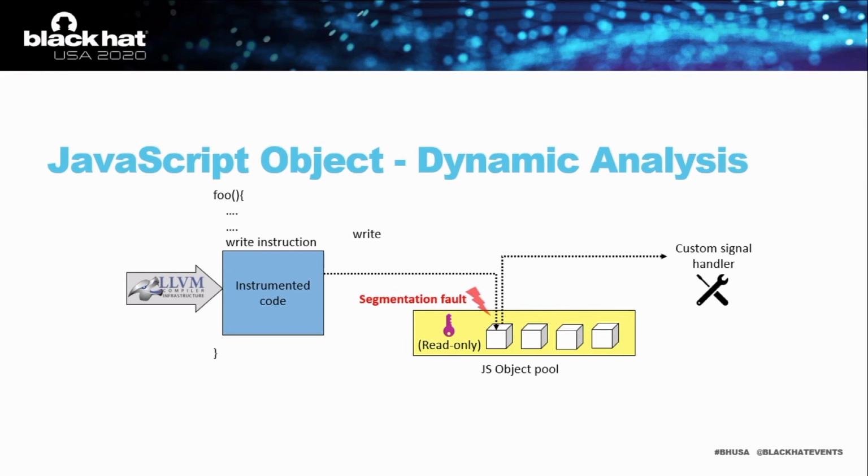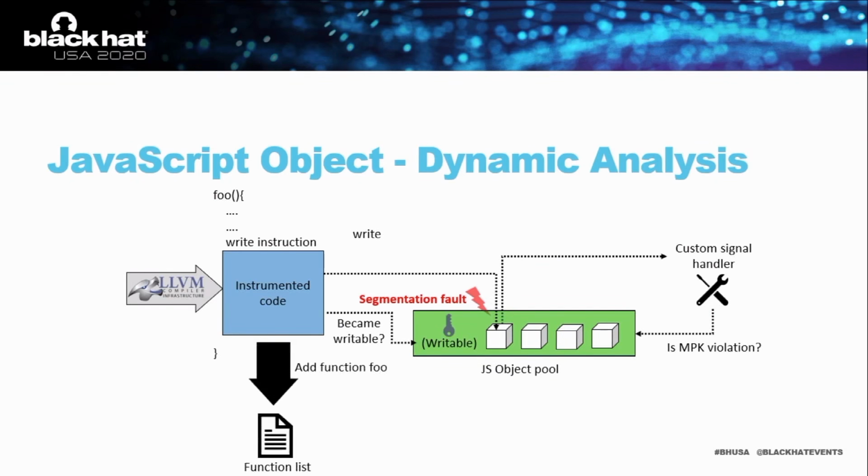Then our custom signal handler checks whether it's because of an MPK violation. If it is, it changes the permission of the object to writable and returns to our instrumented code. Our instrumented code then checks whether the permission became writable, which indicates that the write instruction above touches a JavaScript object. Then it reports the associated location and makes the data object read-only for the rest of the analysis.